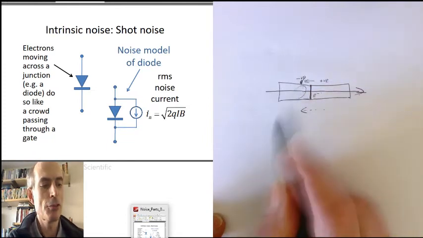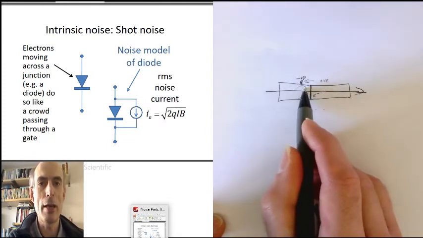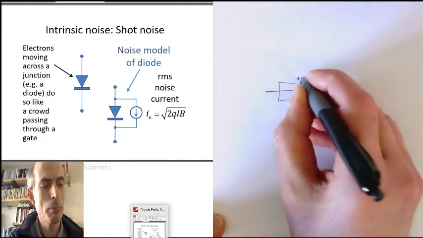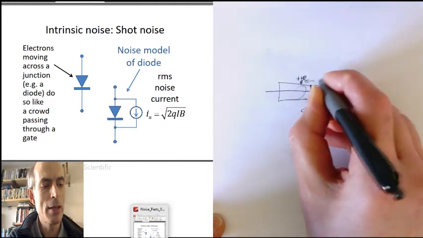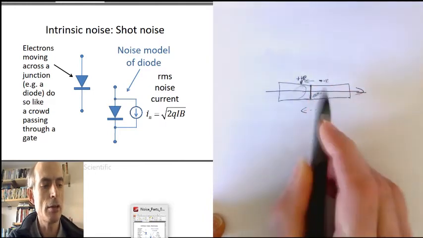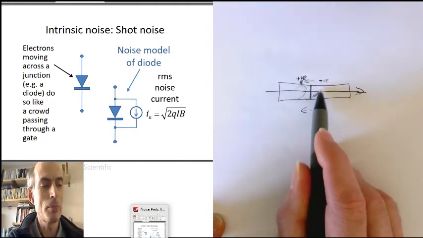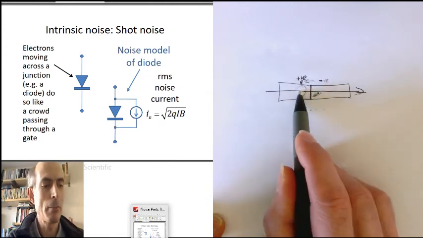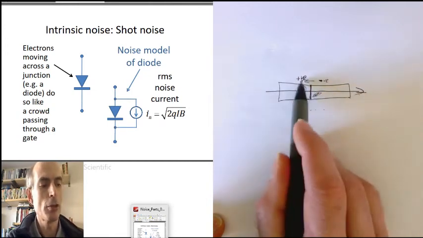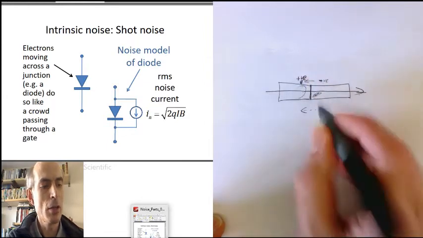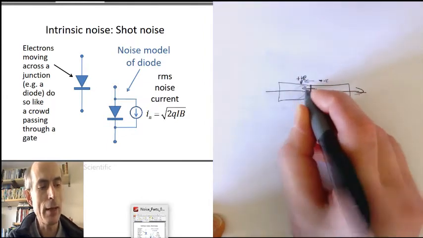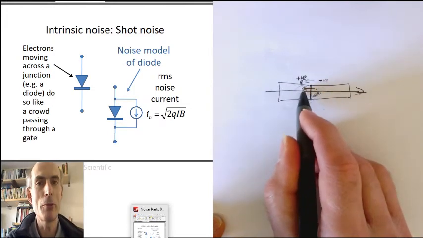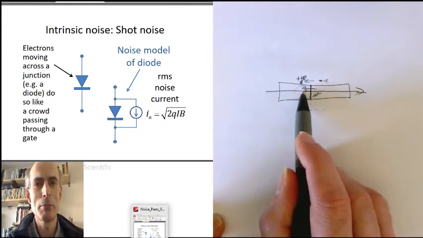Similarly, if slightly fewer electrons than average moved across this boundary, there would be a net positive charge here and a net negative charge over here, caused by the greater number of electrons over here because they haven't moved across here yet. That would result in a positive charge over here, which actually attracts more electrons to speed up and move faster across this boundary in the next time period.